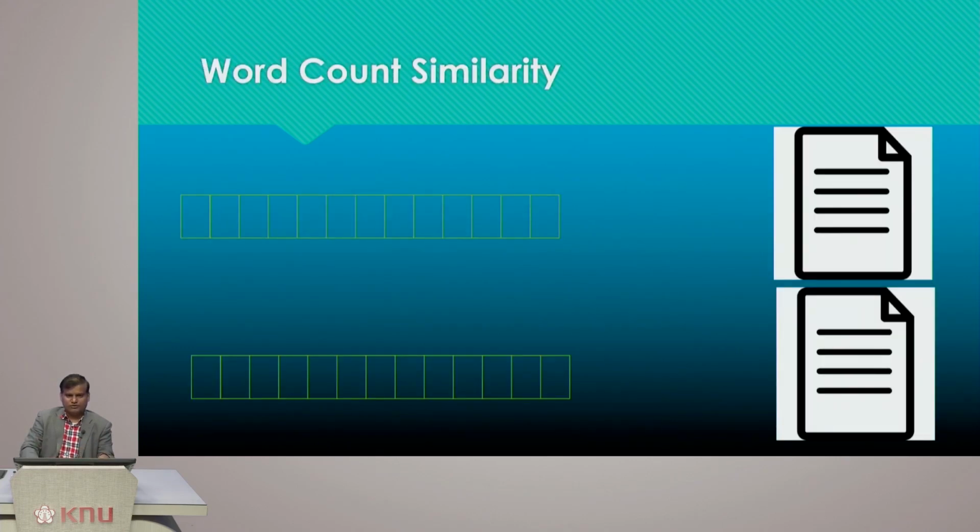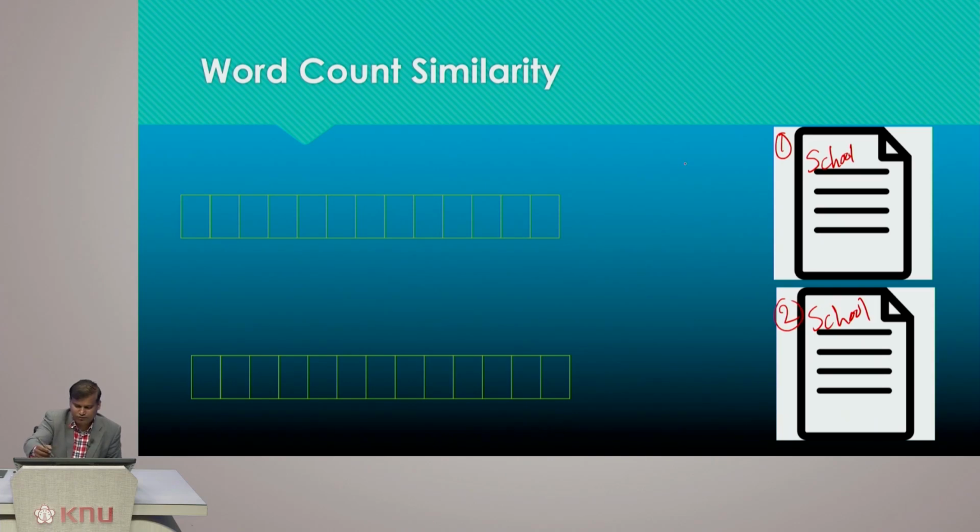When it comes to similarity count, for example, if you have two documents and you're going to compare them, let's assume this document is about school, and this document is about school as well, the first one and the second one.